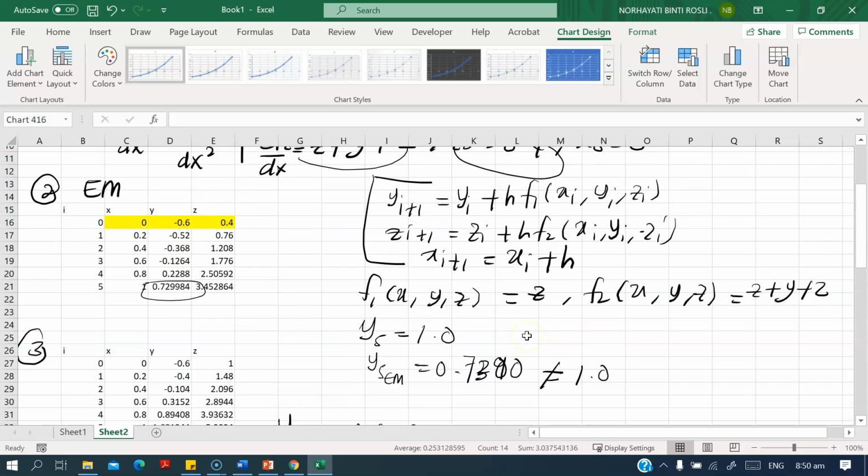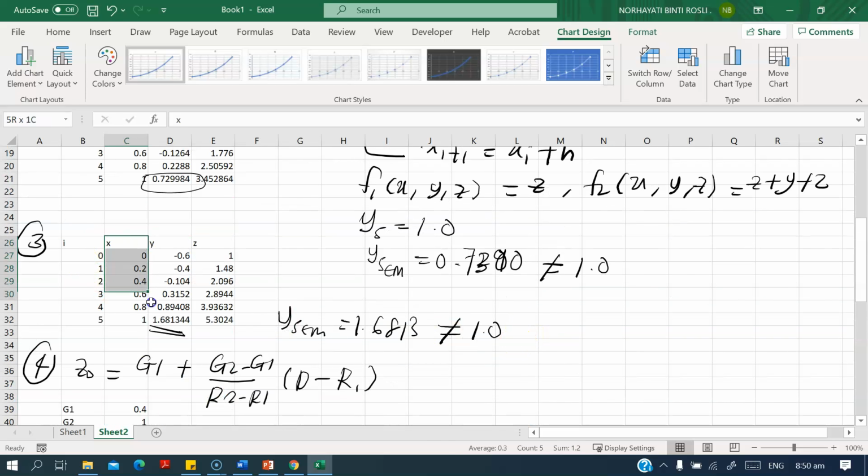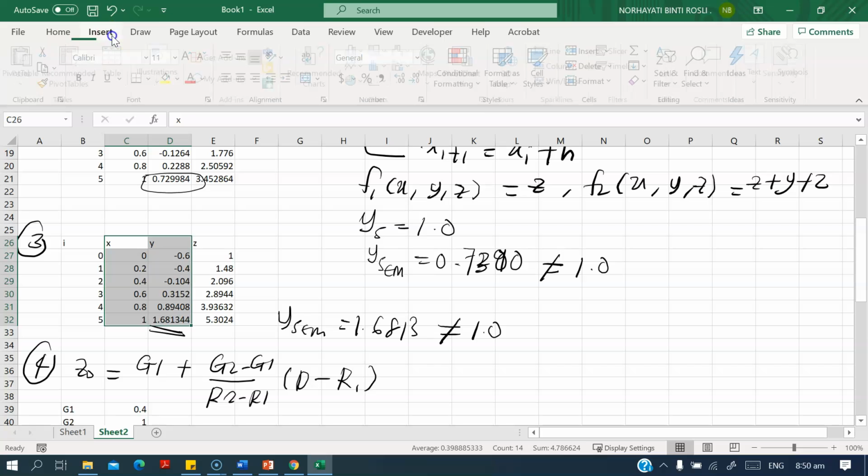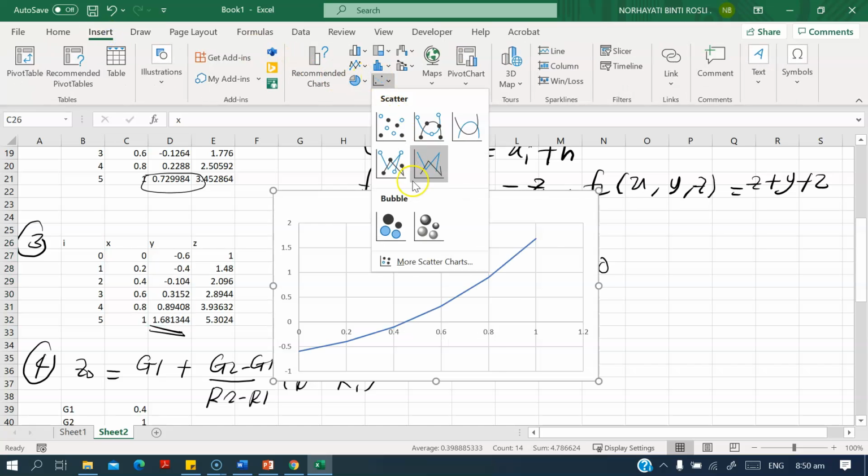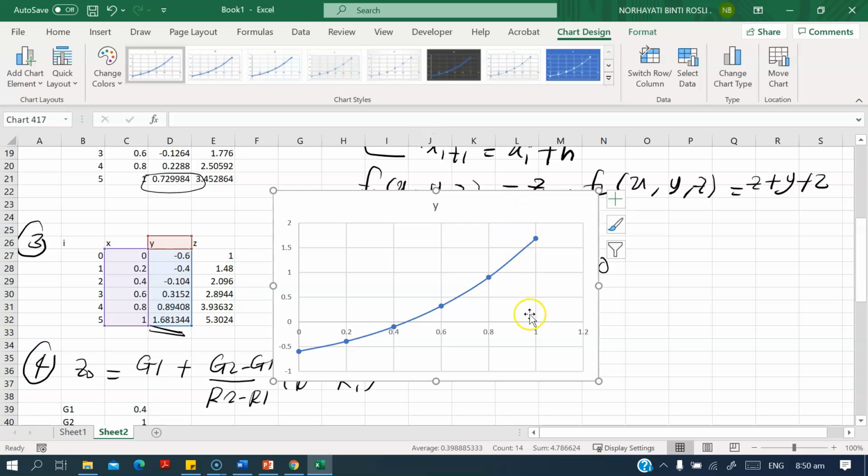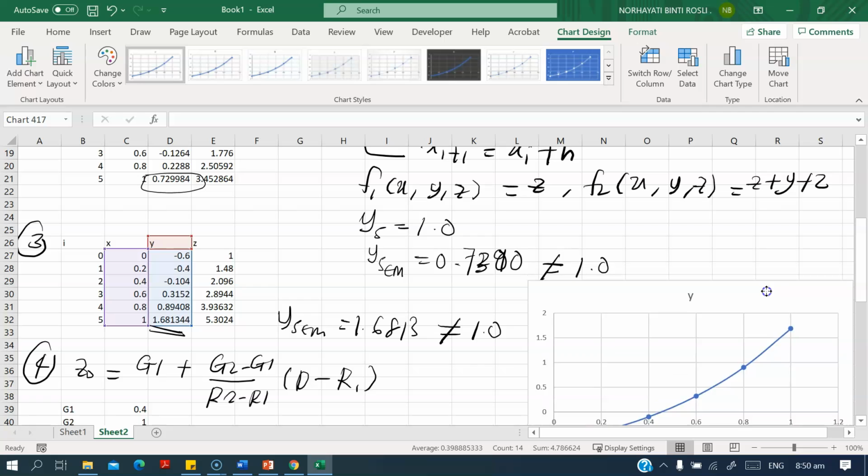Let's say if I plot this one, insert the graph, it starts from the correct initial value, but this one is 1.68, not 1.0 here. It means that what we got here is not correct.